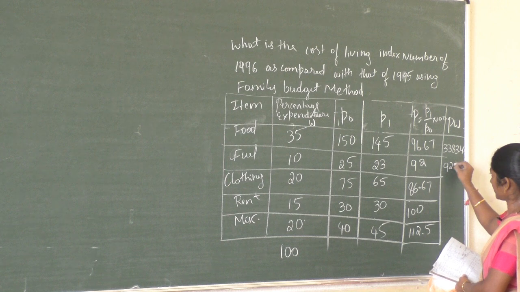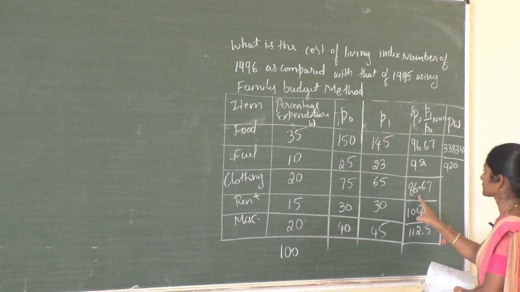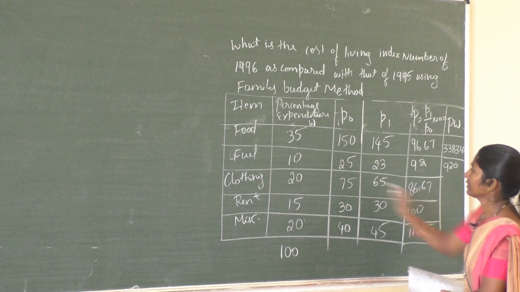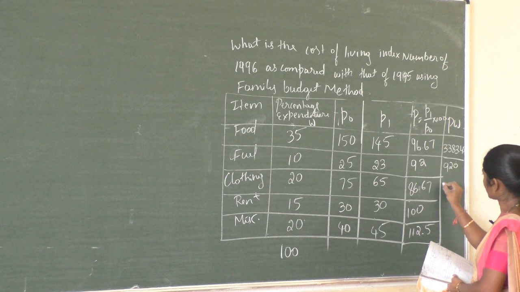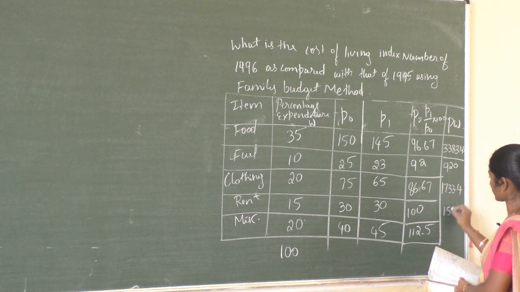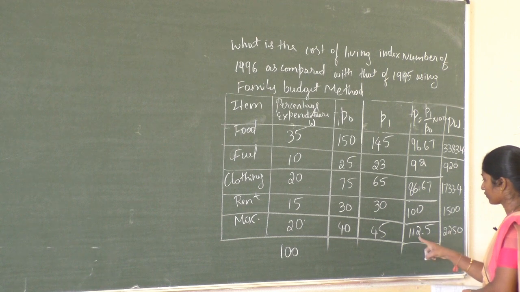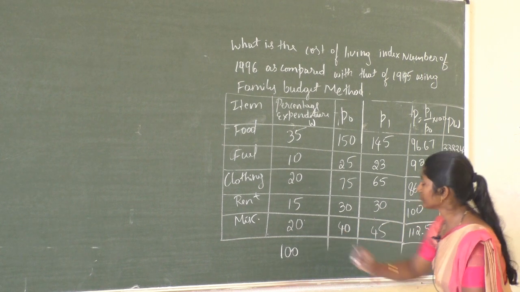Here 920, 92 into 10 like this way, 86.67 into 20.4. Here 1500, 2250, 112.5 into 20.